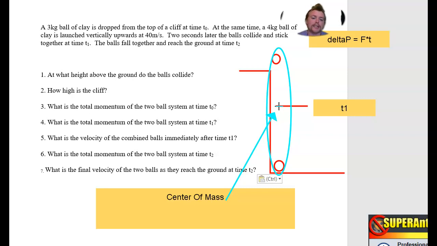After 2 seconds, each of them is actually going to be traveling at 20 meters per second in opposite directions, but the upward moving object has more mass. And so that means that when they collide, the combined mass is actually going to go up a little bit and then come down. But the center of mass of this whole system is going to follow just a normal parabolic trajectory.